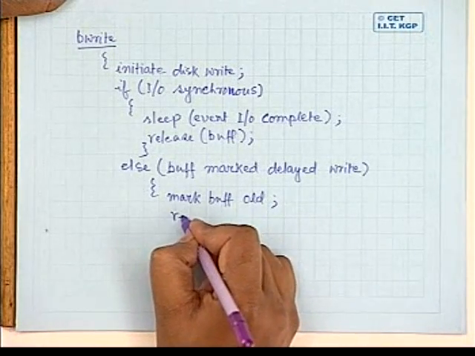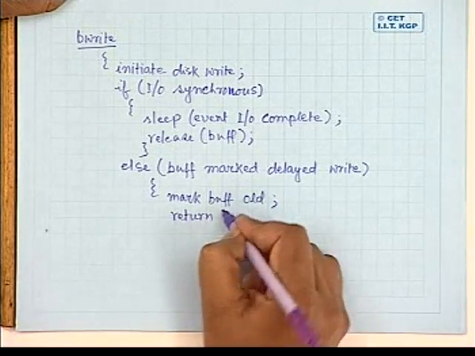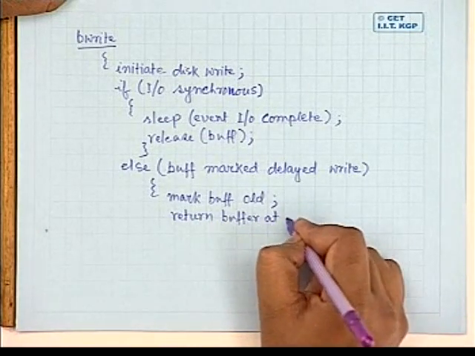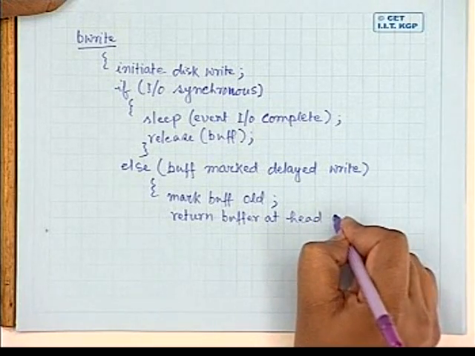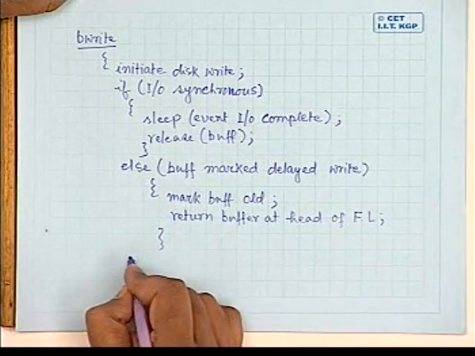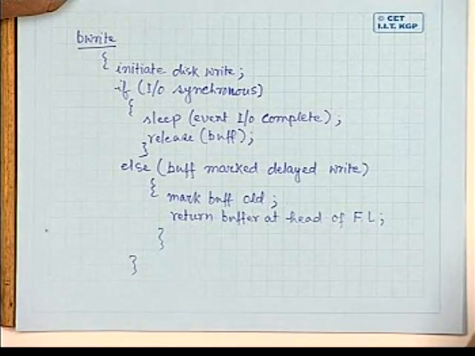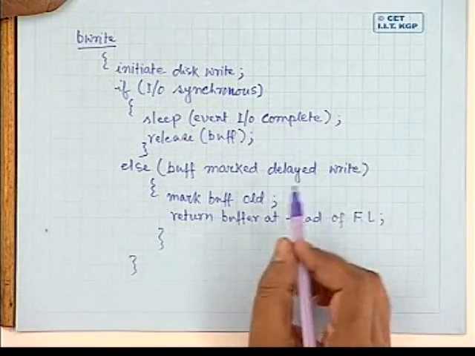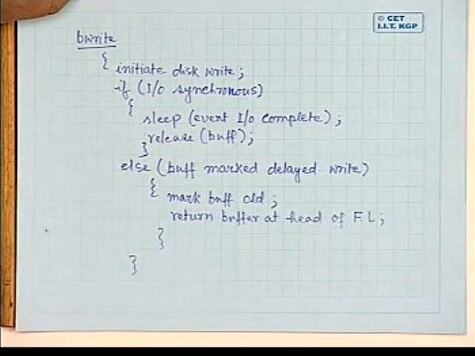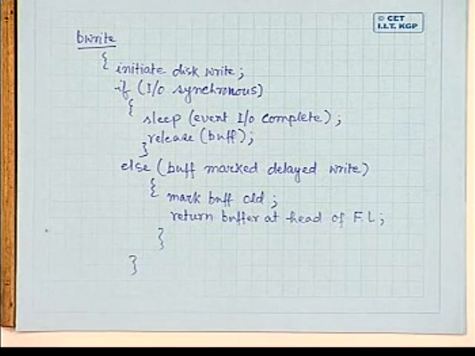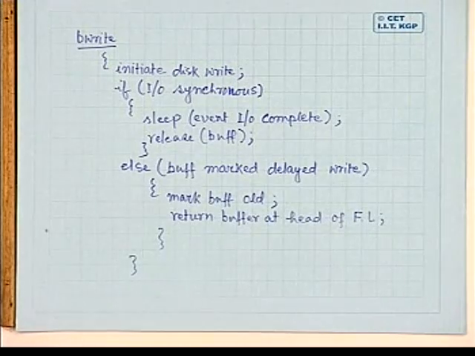So this is how a data block from the buffer will be written onto the disk, and following that the buffer will be released and put either at the head of the free list or at the tail of the free list.